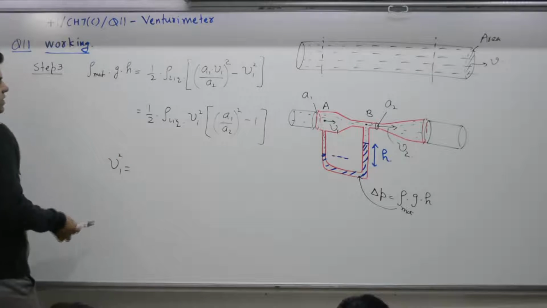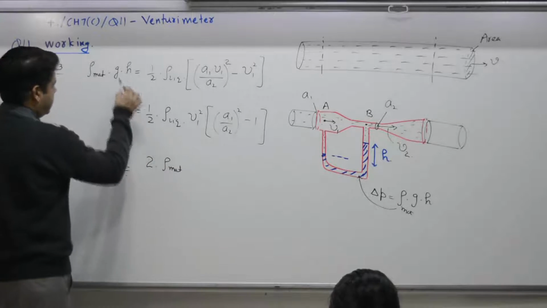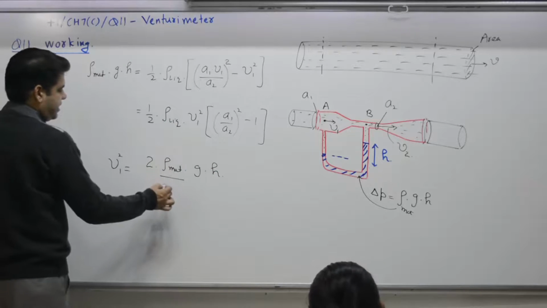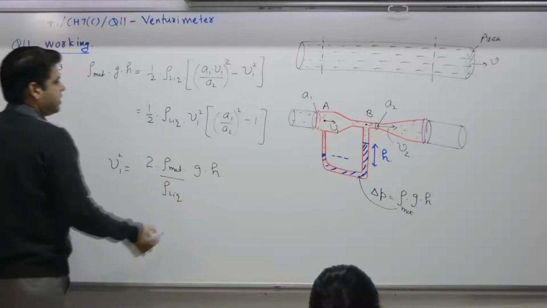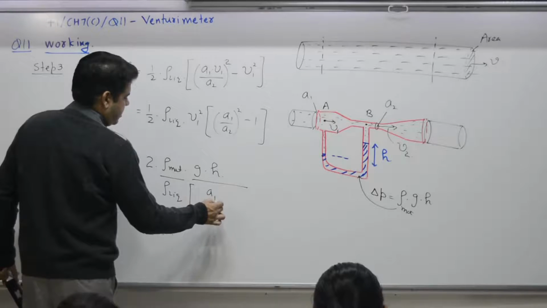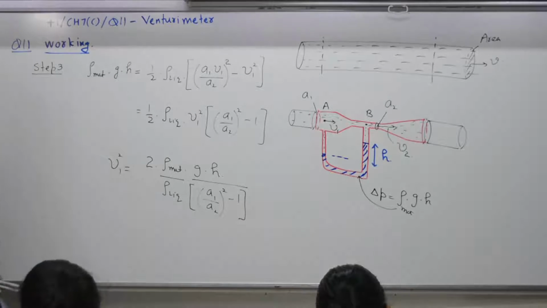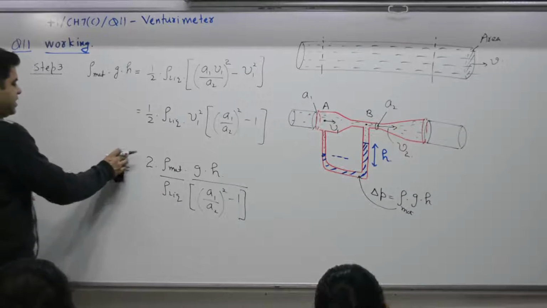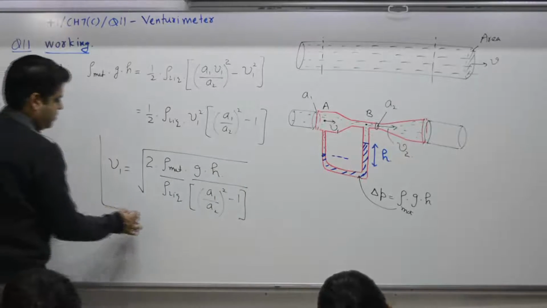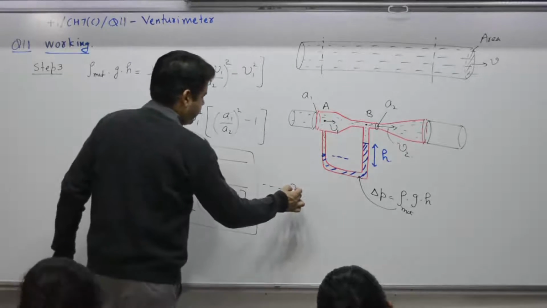V1 square you can find out first: it is 2 density of material G H divided by density of liquid, times A1 by A2 square minus 1. This is what V1 square is. What is V1 equal to? Let this be termed as equation number 3.